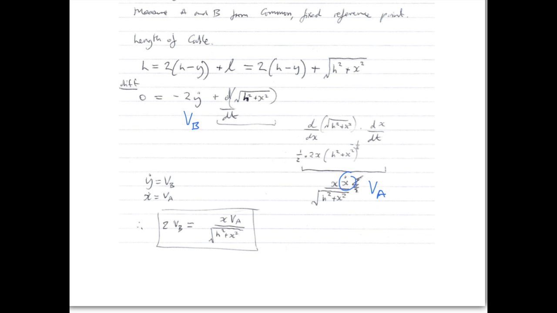So if this goes around to the other side, you have 2VB is equal to x VA over the square root of h squared plus x squared. So this is the expression to find the link between the velocity of the tractor and the velocity of the mass. Now we do the same for the other configuration.